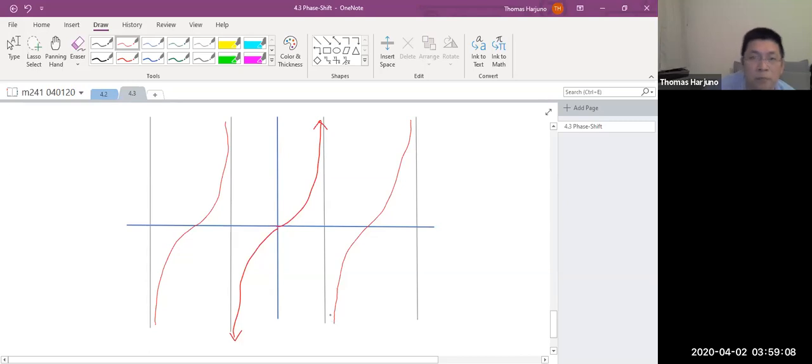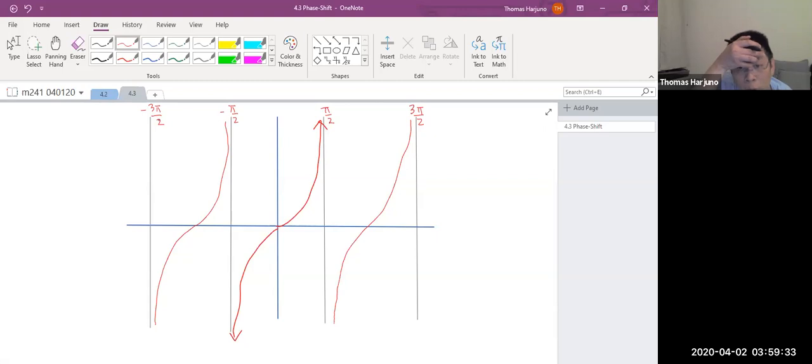Like this. And then the asymptotes actually happen at pi over 2 and every pi after that. So 3 pi over 2, negative pi over 2, negative 3 pi over 2. Now, if you want to see a better picture, you can see that from your book.